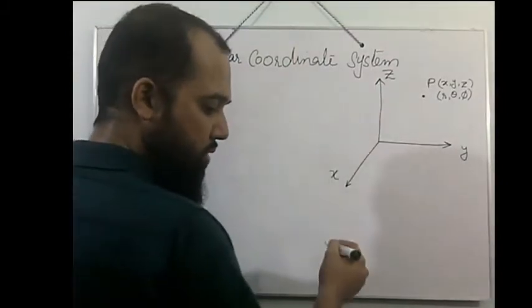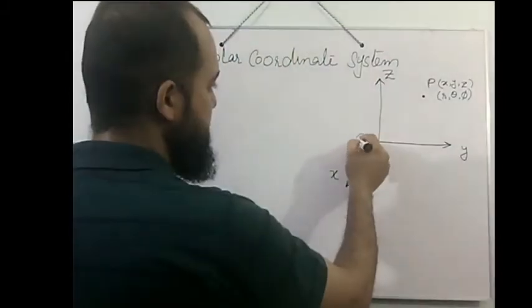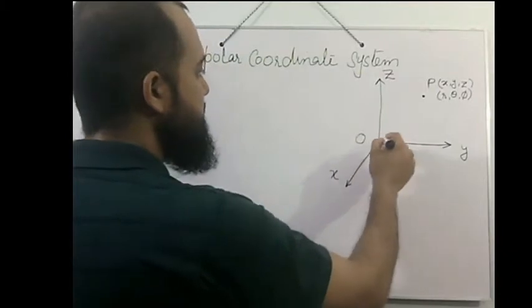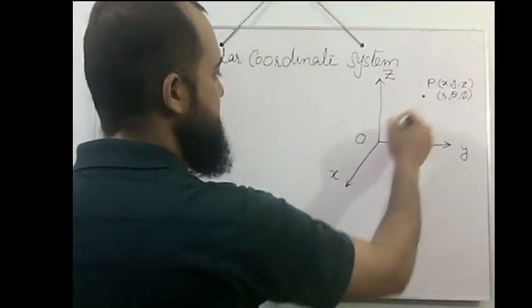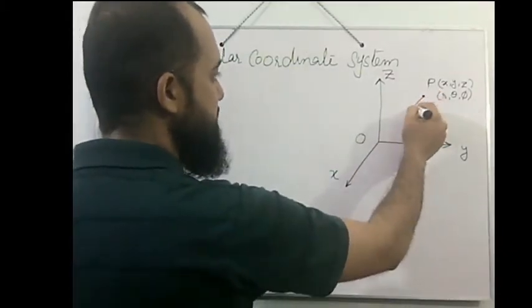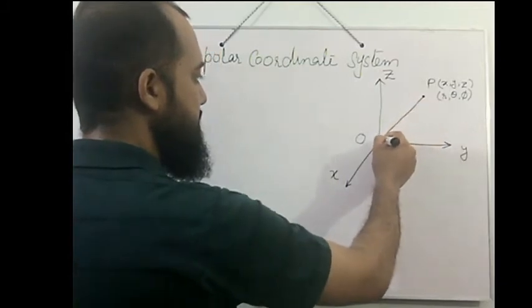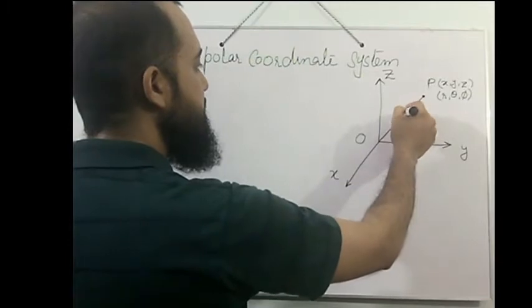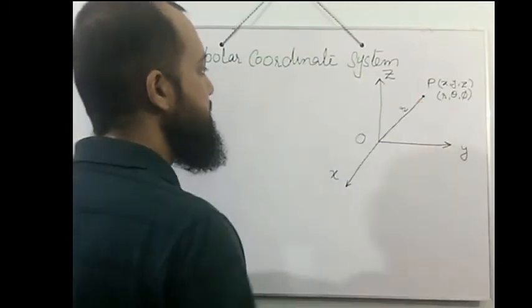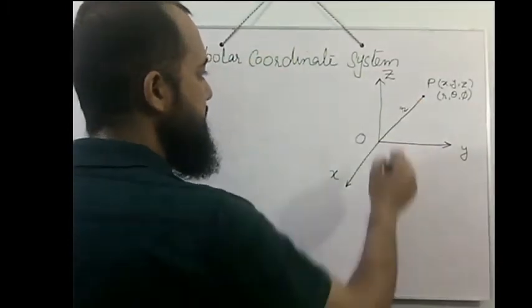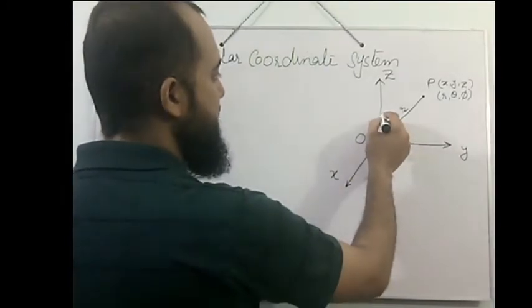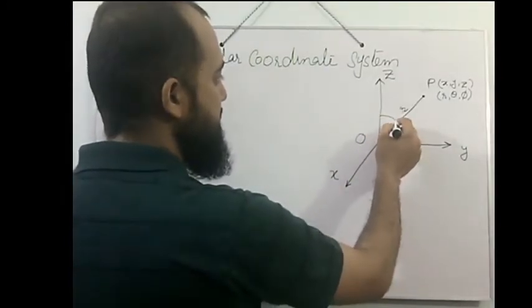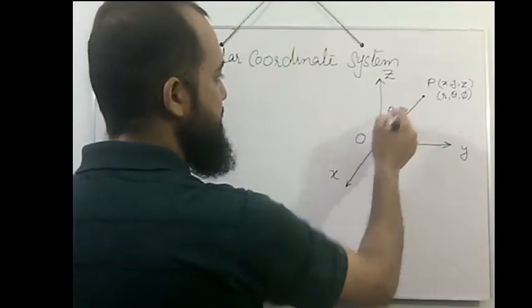In this system of coordinates, O is the origin, r is the distance from the point to the origin, and this r making an angle theta with the z axis is called the polar angle.